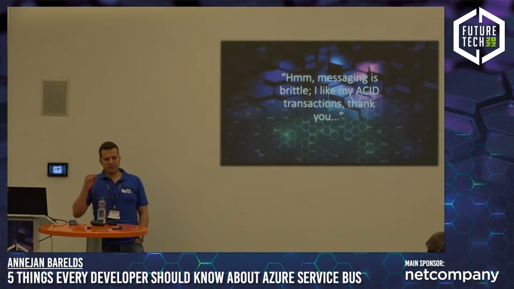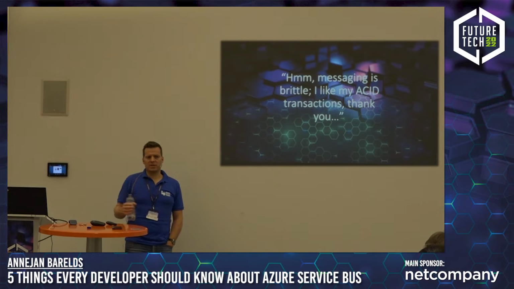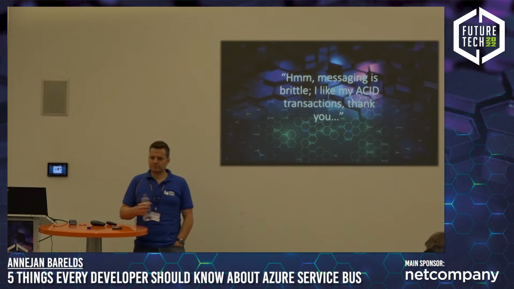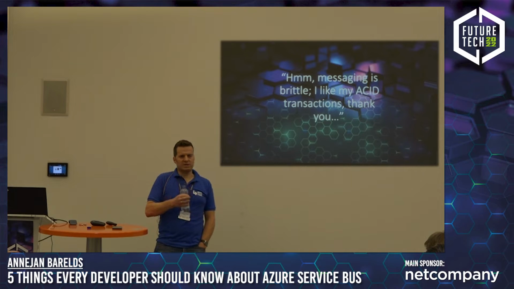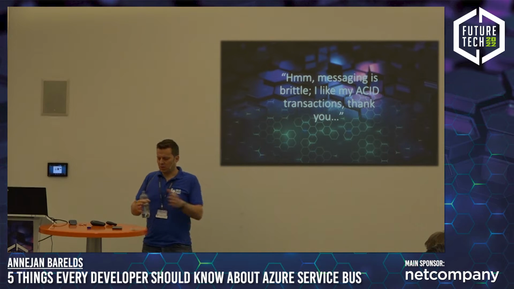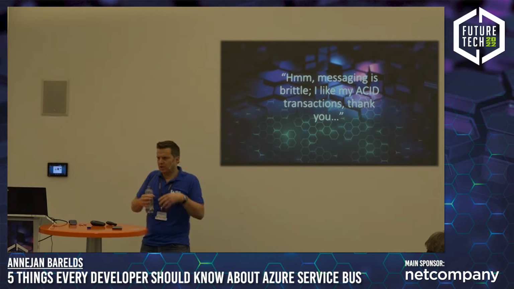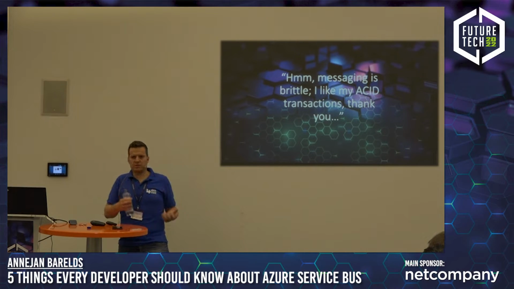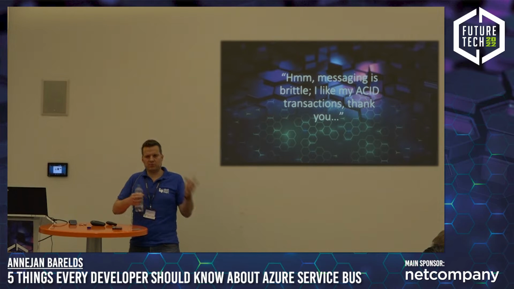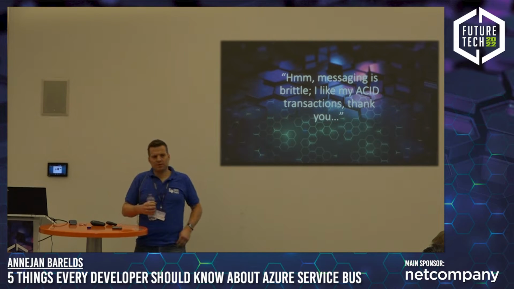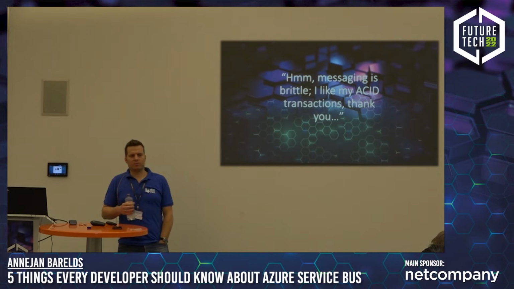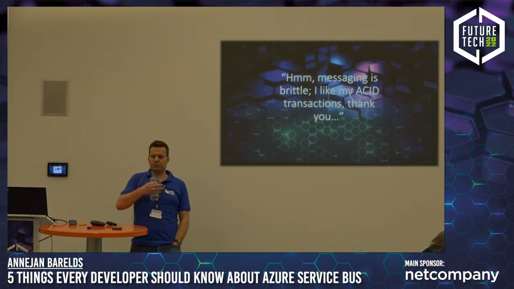Duplicate detection is something that you can enable on a service bus entity, so a queue or a topic. It's basically allowing you to say, within a certain time window, let's say 2 hours, if 2 messages come in with the same message ID, then drop the second one. So that's basically a solution to the problem: what happens if you send a message to a queue which is properly processed, but you are not alive anymore to actually receive the acknowledgement?